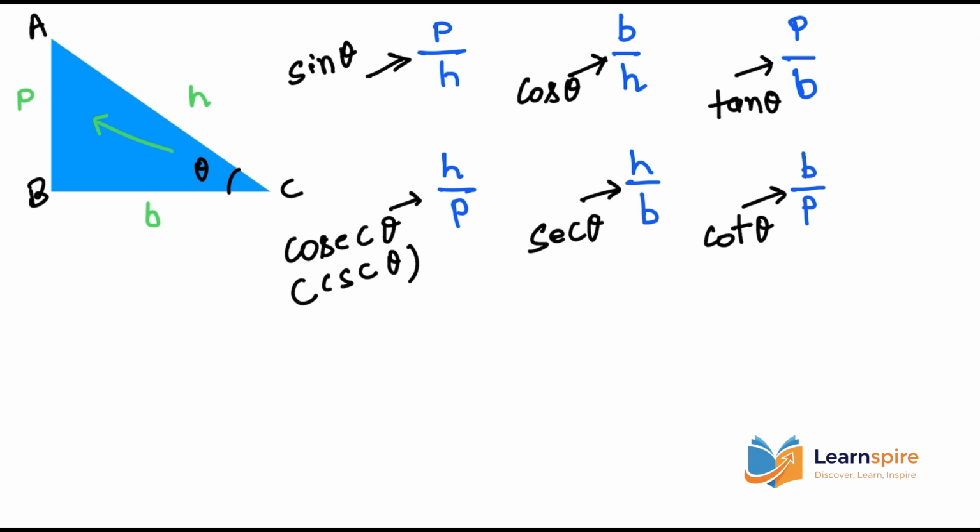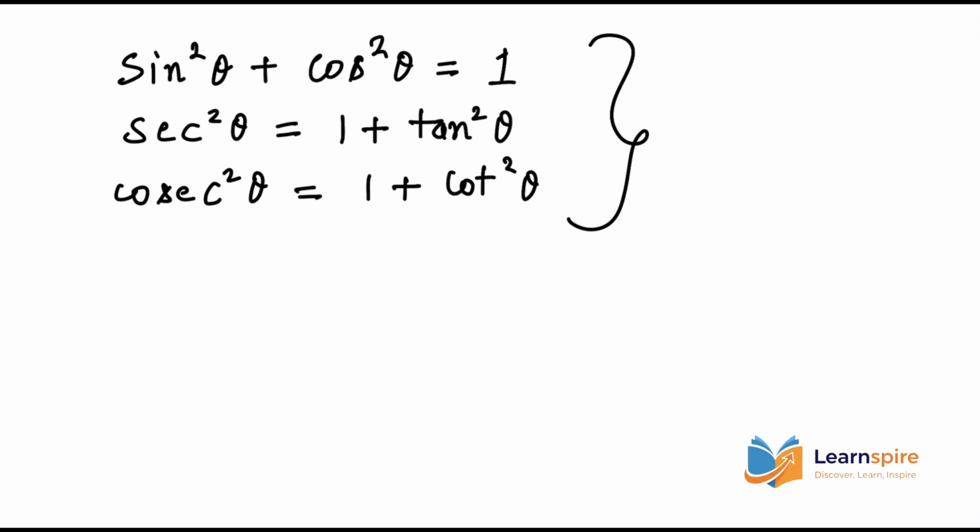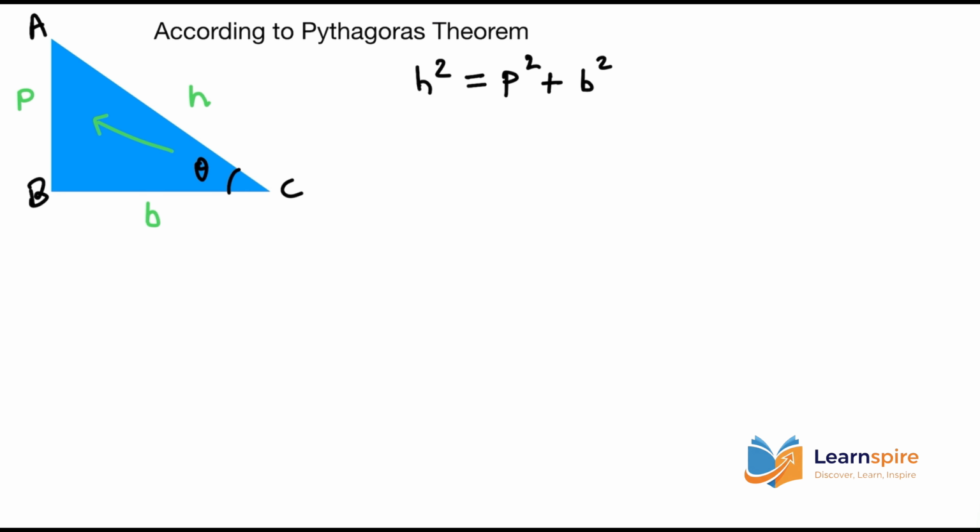So, in order to prove these three trigonometric identities, we will use the Pythagoras theorem. Now, the Pythagorean theorem states that in any right angled triangle, the sum of squares of perpendicular and base is always equal to the square of hypotenuse.